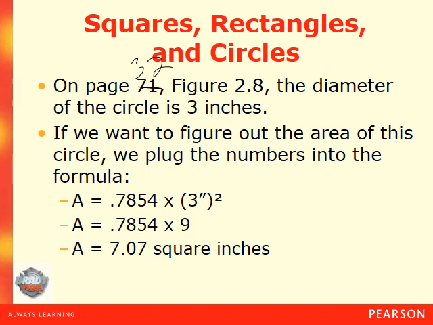Area equals 0.7854, which is our constant, meaning it's always going to be that, times 3 squared. Remember, you do any exponents first, or things in parentheses. So 3 times 3 is 9, and then 9 times 0.7854 equals 7.07 square inches. And that goes back to our diameter being in inches that they gave us originally.